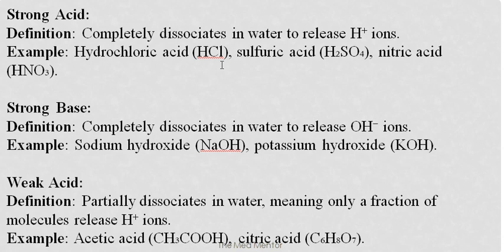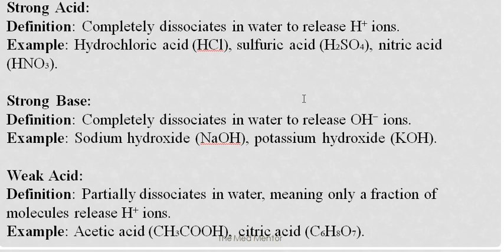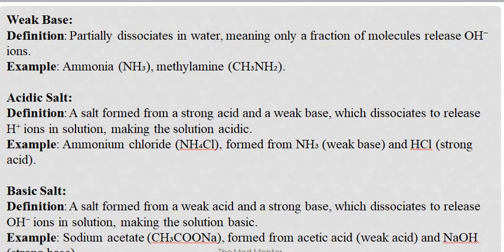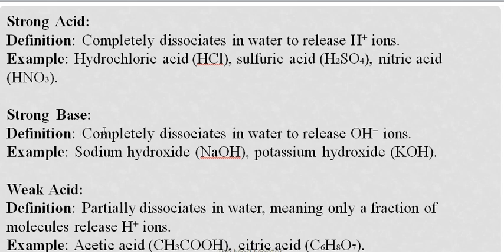Examples: HCl, a very well-known example, H2SO4, and nitric acid. Similarly, a strong base is completely dissociated in water and releases OH minus ions, for example sodium hydroxide and potassium hydroxide.